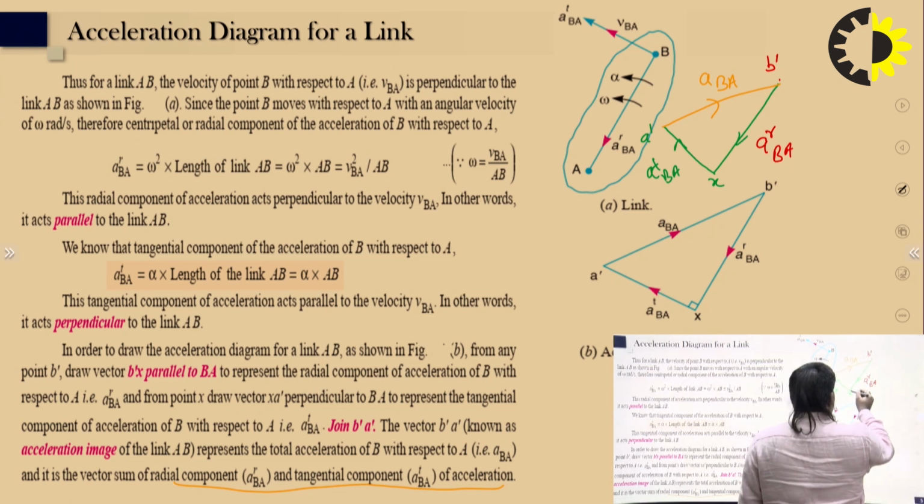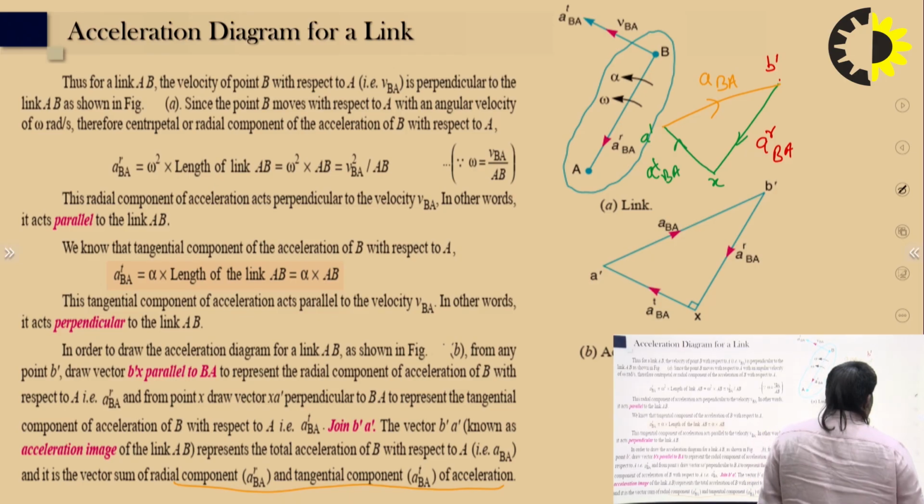After that, from x we draw the tangential component, alpha into the length of link AB.